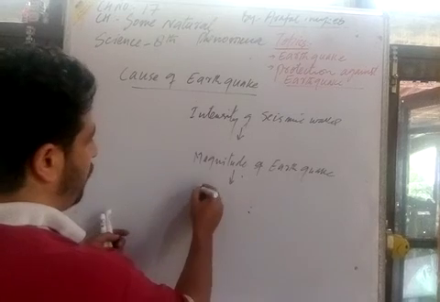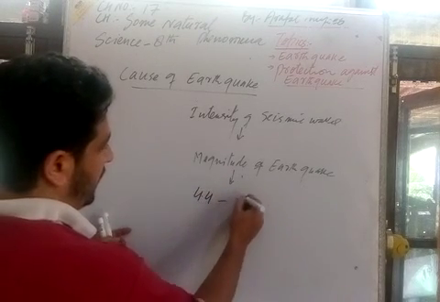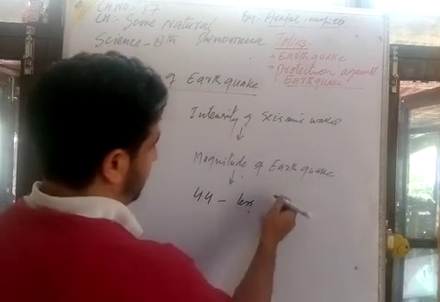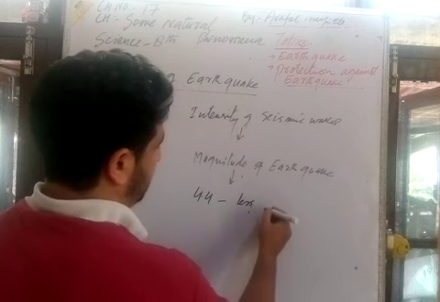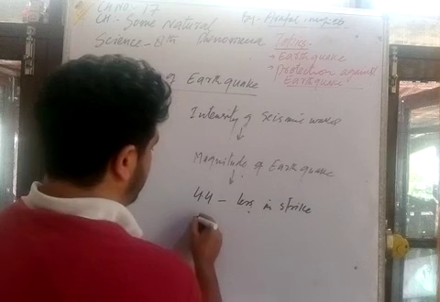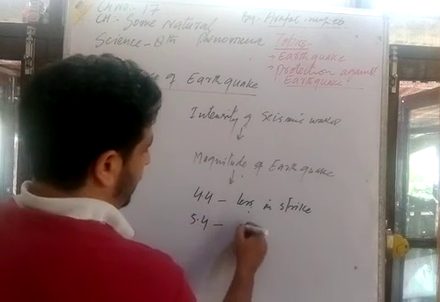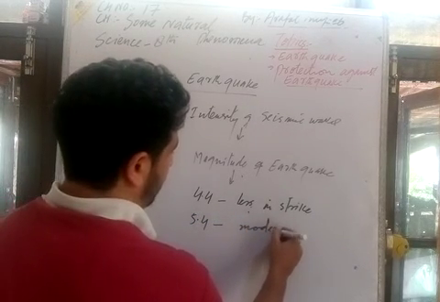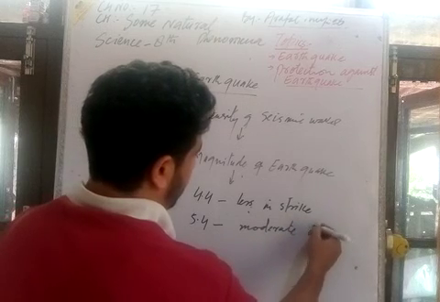If you have a value of 4.4, it has less effect, it is less in strike. If it is 5.4, it is moderate in strike.